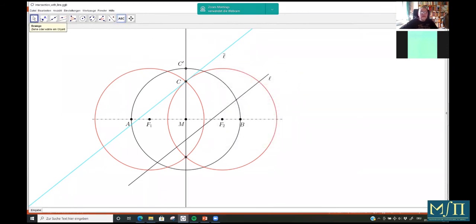Since this parallel line L bar passes through C, we know that the line L bar prime in the circle field will therefore have to pass through C prime, because C will map to C prime.